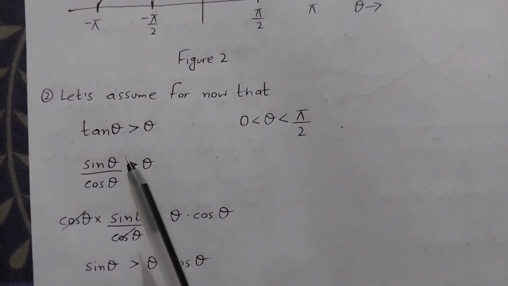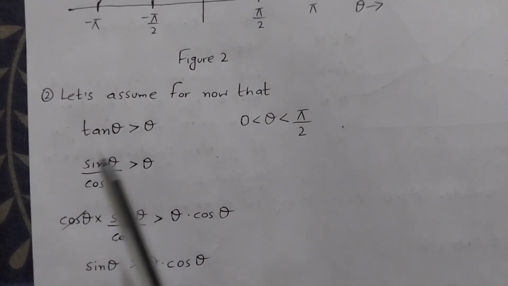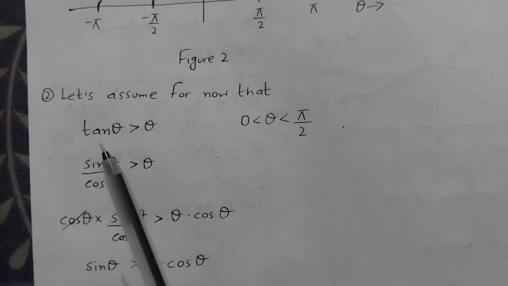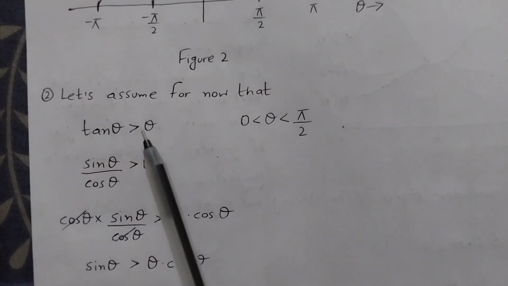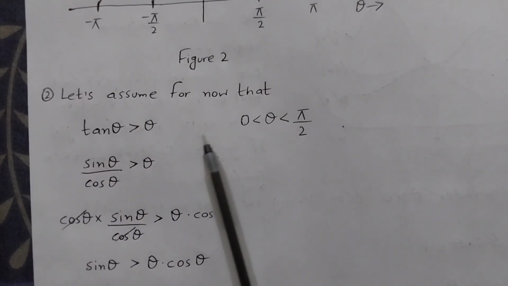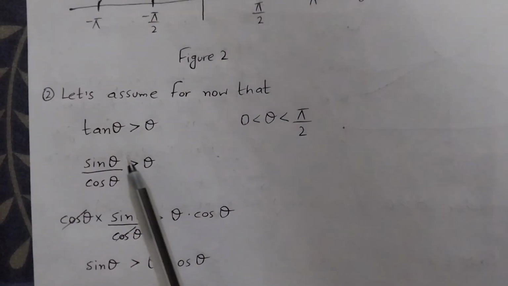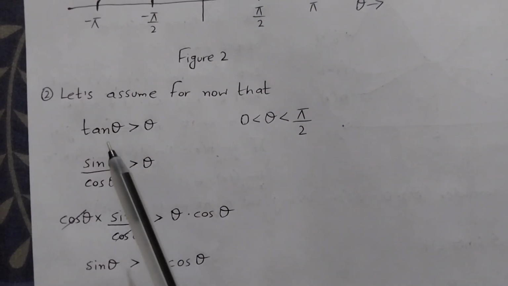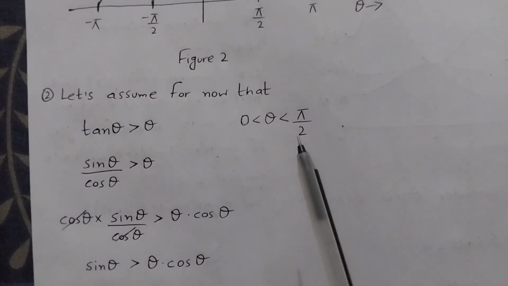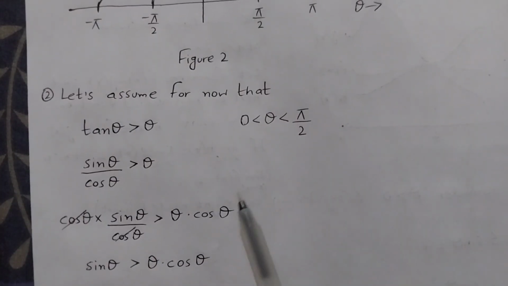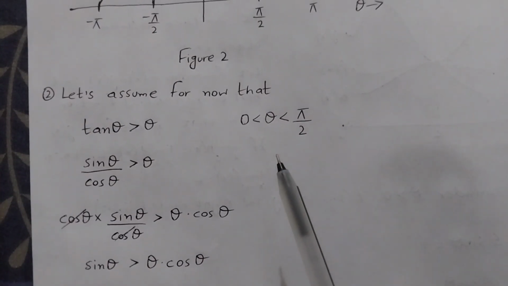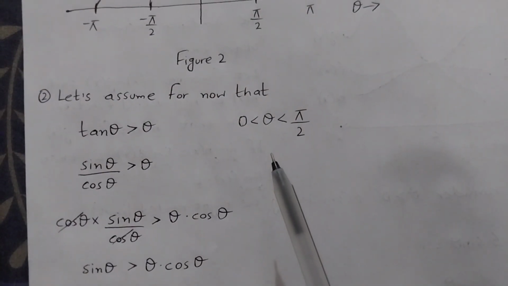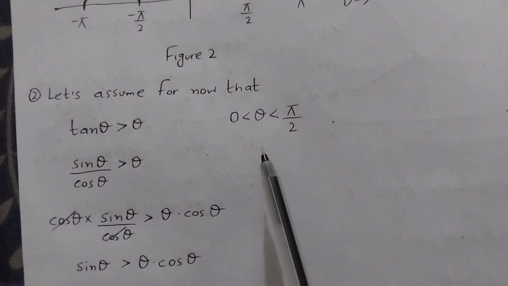and if you draw the diagram for tan theta and theta, y is equal to theta and y is equal to tan theta, you will see that tan theta will be greater than theta for positive theta, because we are finding the right hand limit.